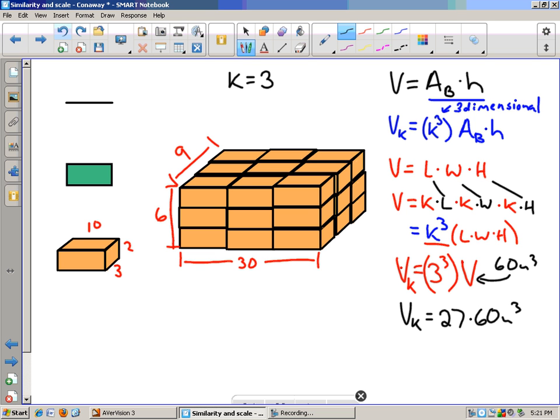So is that 1,620 units cubed? Forgive me if I get my math wrong.